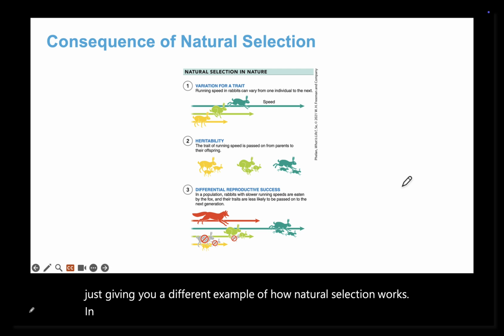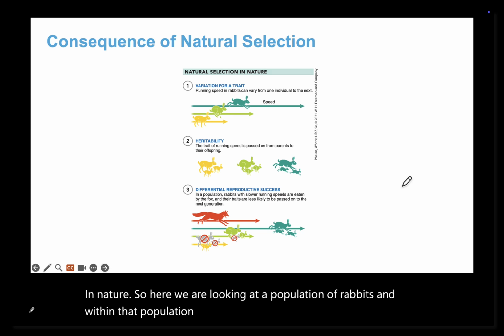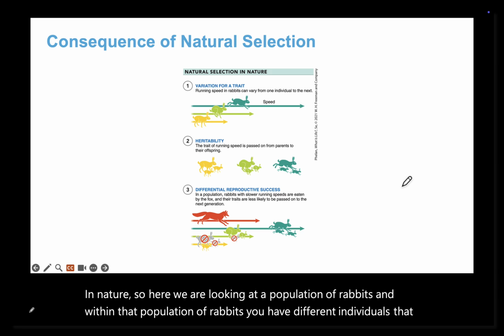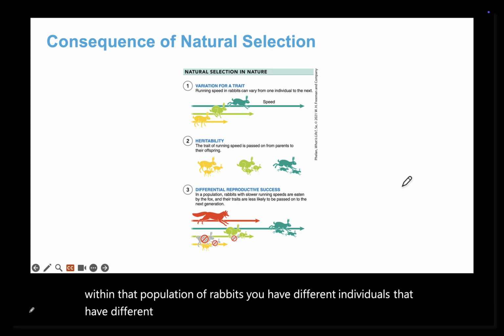So here we are looking at a population of rabbits. And within that population of rabbits, you have different individuals that have different speed. Some individuals are faster, some individuals are slower.